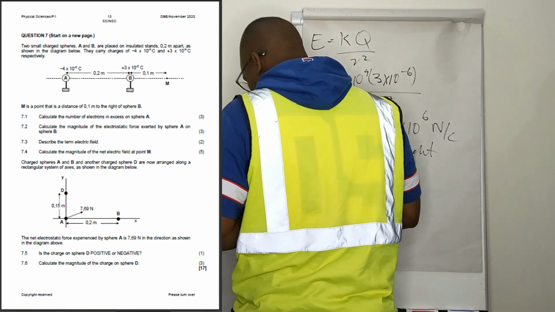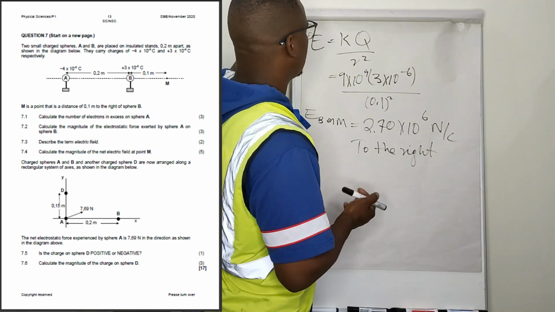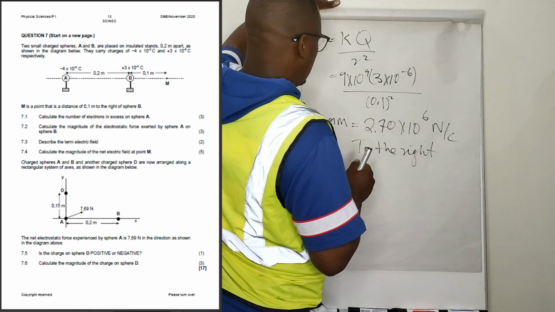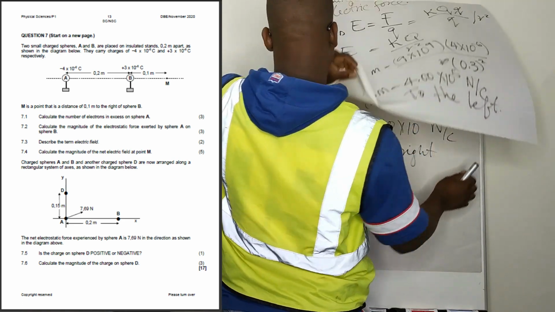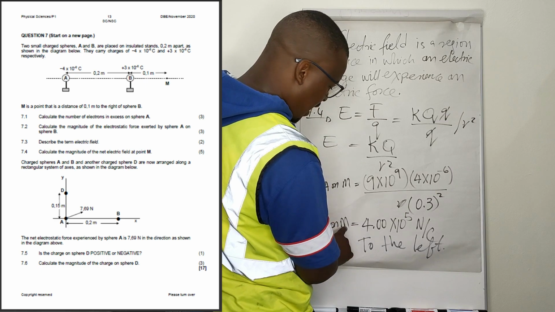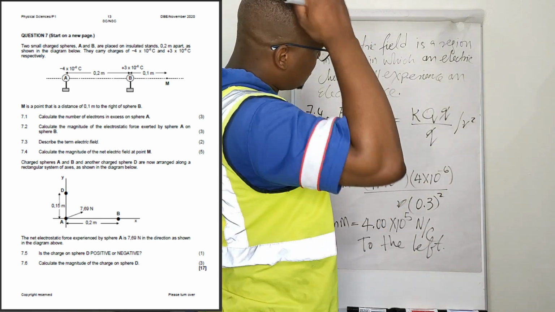The first one was to the left. So what was the first answer? So the electric field of A on M was this, to the left, and the other is to the right.